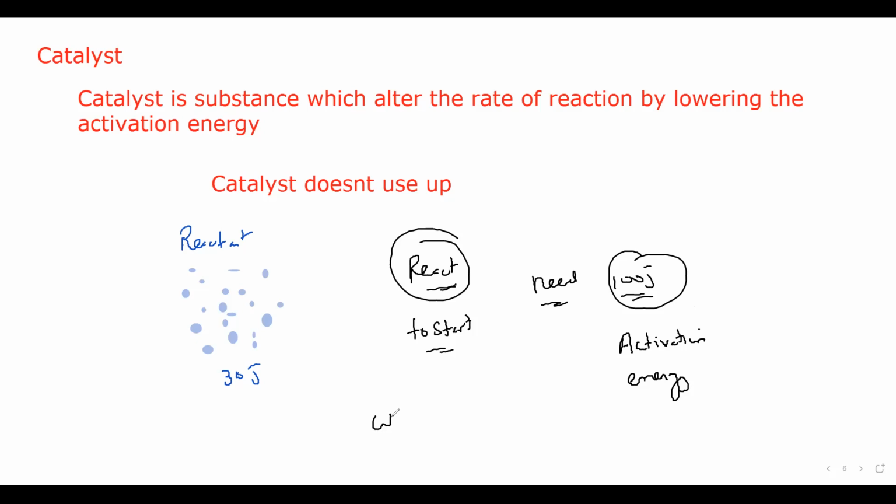But with a catalyst, it needs only, for example, 20 joules of energy to react. Because use of the catalyst lowers the activation energy, the starting energy of the reaction. So when we use a catalyst, the substance will react and form a product.